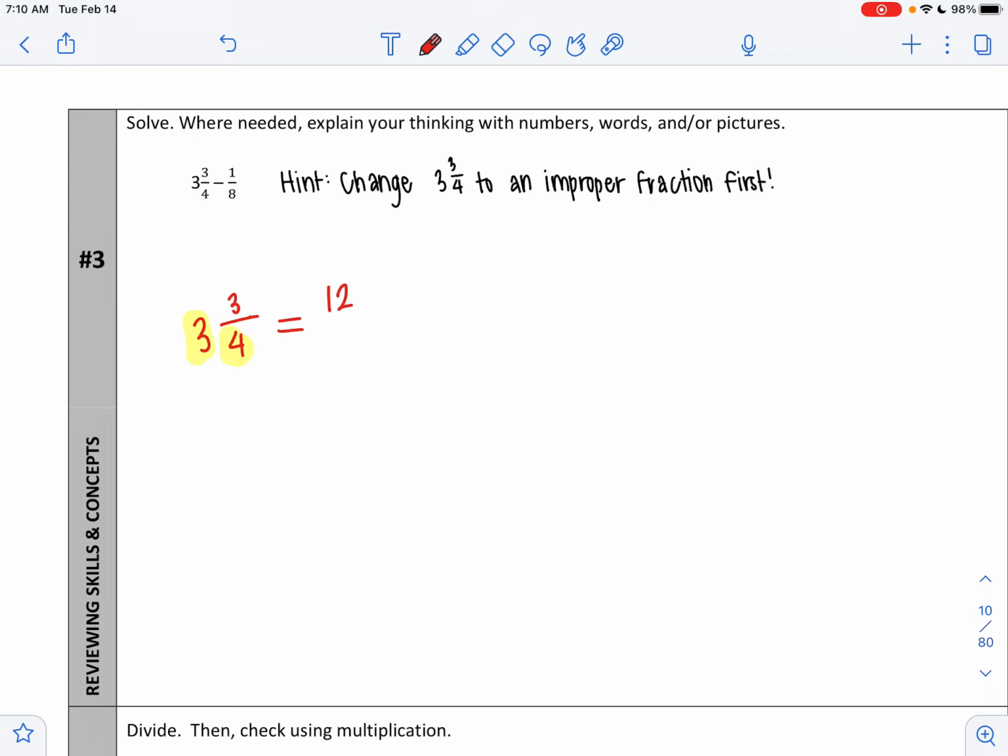And then we want to add the numerator and keep the denominator the same, so we end up with 15/4. And so our problem is really 15/4 minus 1/8, but you do still need a common denominator before you can subtract. And that's how you would start question 3. Your next step here is to find a common denominator, then subtract.